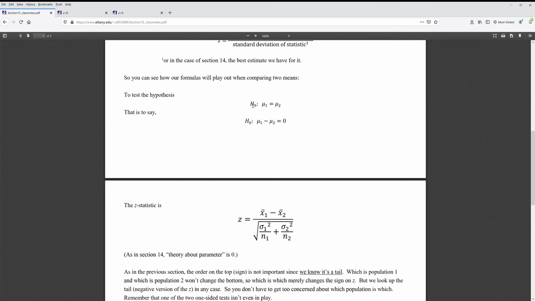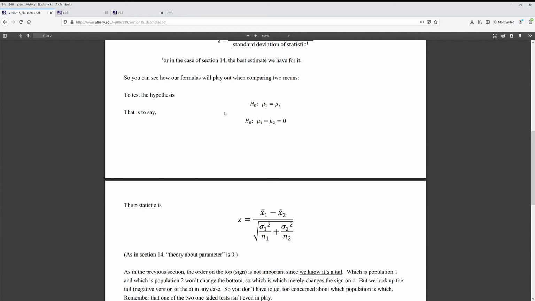We'll have our H0, our null hypothesis, simply be that there is no difference in the two population means, or rather say that the difference is 0. In other words, that the one population mean is the same as the other population mean. The average age of New Yorkers is the same as the average age of people from Massachusetts.